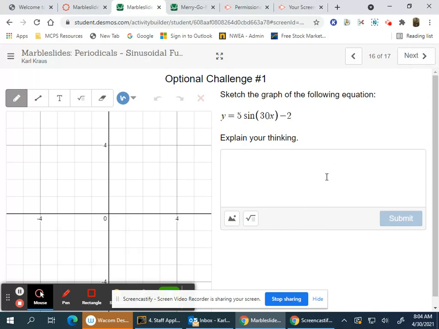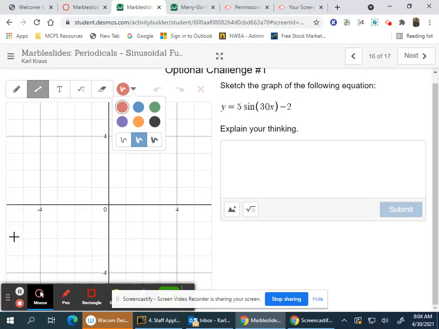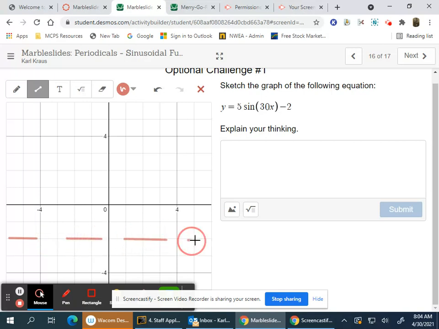So sketch the graph of the following equation. So what you want to do there is I would start with my center line is at -2. So I'm going to draw a dashed line there. And then my amplitude is 5. So I'm going to go up 5 from -2. 1, 2, 3, 4, 5 would be +3.